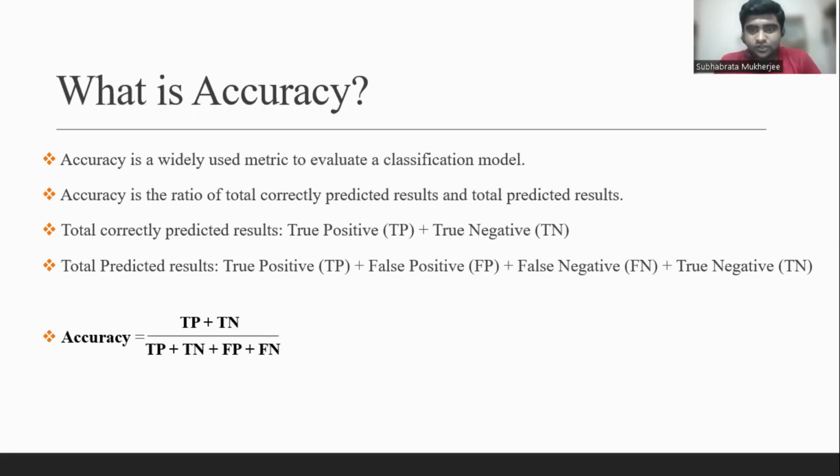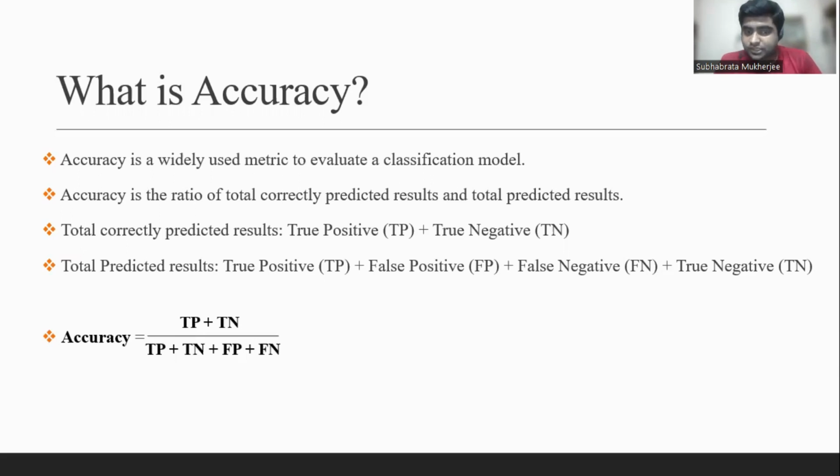As I have told, true positives are the results which are actually positive, and our model has also predicted them to be positive. And true negatives are the values which are actually negative, and our model has also predicted them to be negative. So these are the correctly predicted values, and the total predicted results are obviously the summation of true positive, true negative, false positive, and false negative.